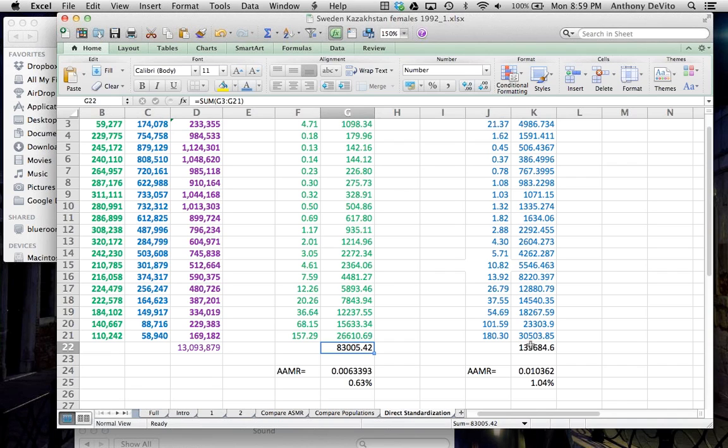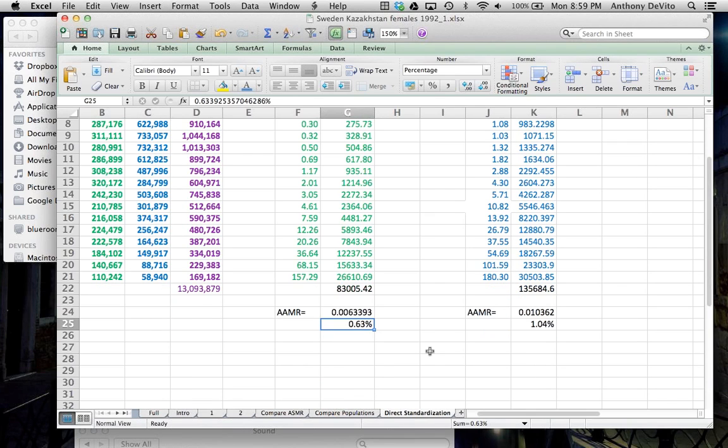If we do the same thing for Kazakhstan, we get 135,000 expected deaths over 13 million, giving an age-adjusted mortality rate of 1.05. So if these two populations are now age adjusted, so that they're applied to the same population, we see that women in Kazakhstan are dying really at twice the rate that women in Sweden are dying during the course of that year.